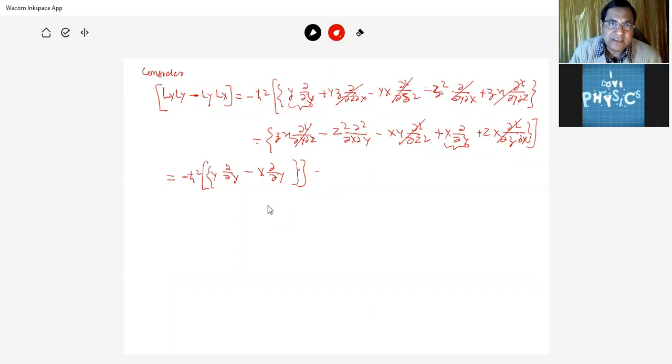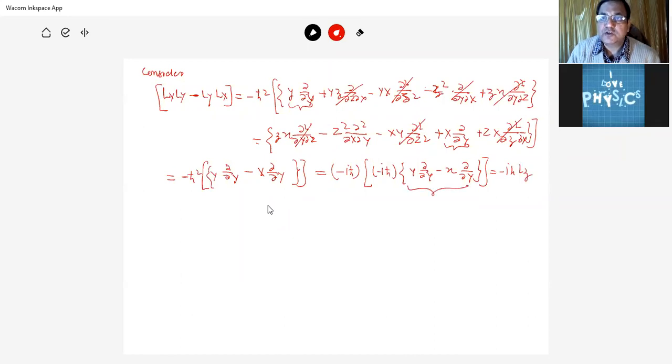So this is nothing but minus iħ cross, minus iħ cross, you take it common, and then y ∂/∂x minus x ∂/∂y. So this is minus iħ cross Lz.